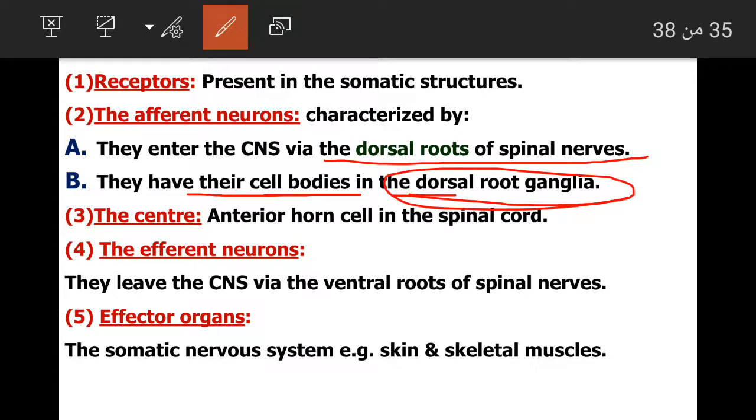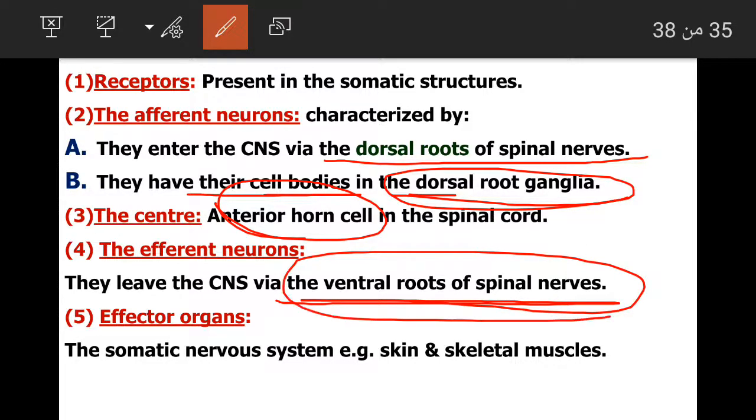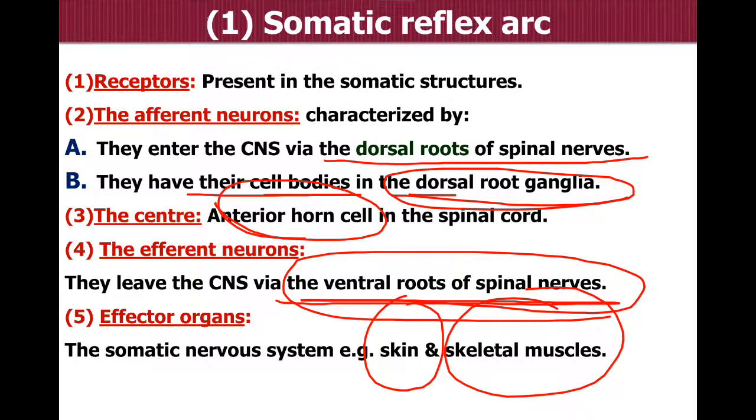The center is the anterior horn cell of the spinal cord. The efferent leaves the central nervous system via the ventral root of the spinal nerve as one neuron. The effector organ includes skin or skeletal muscle, somatic structures.